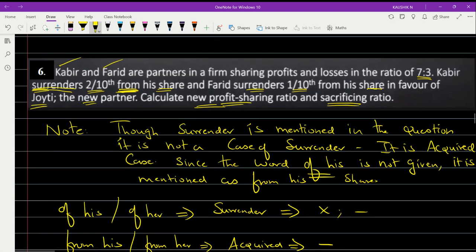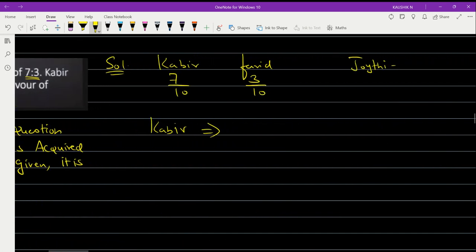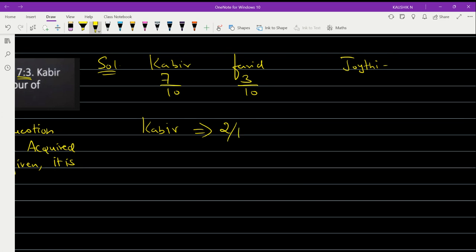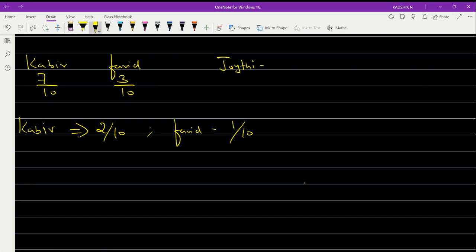It is mentioned here, 2/10. So from Kabir, 2 by 10, and from Farid, 1 by 10. These both are going to go for Jyoti. So for Jyoti, 2 by 10 plus 1 by 10 is going to be her share of profit. Whatever these two have given, that means it's a case of acquired.